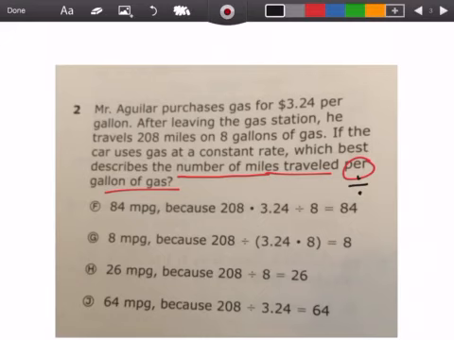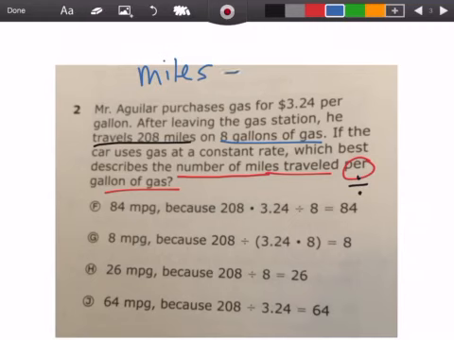Okay, so it travels 208 miles, there's your miles, and on 8 gallons of gas, there's our gas. So you need to do miles divided by gallons, okay, and actually divide it to figure out which one is true. But this $3.24, the price of gas, that's extra information. We don't need it.